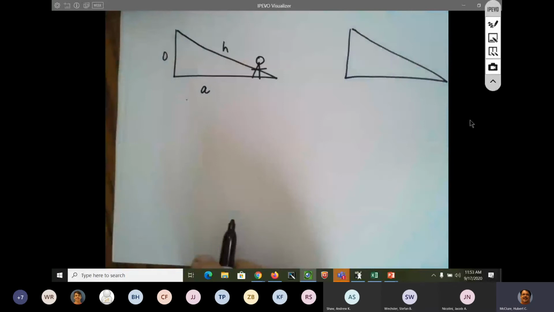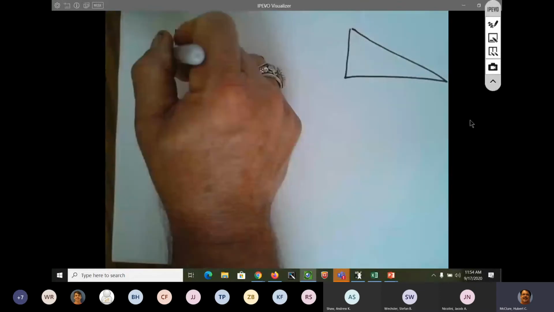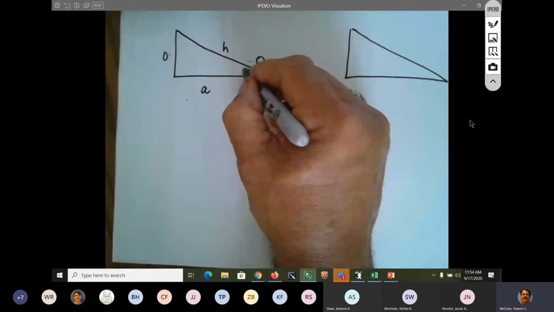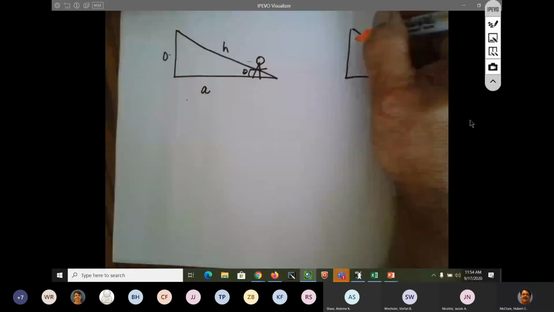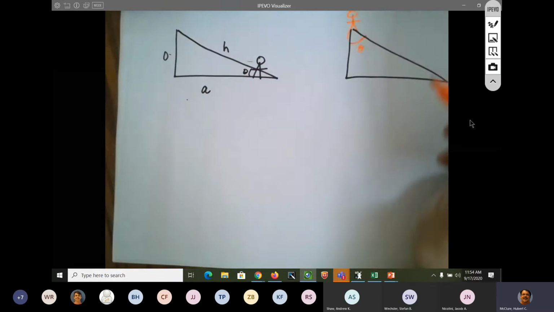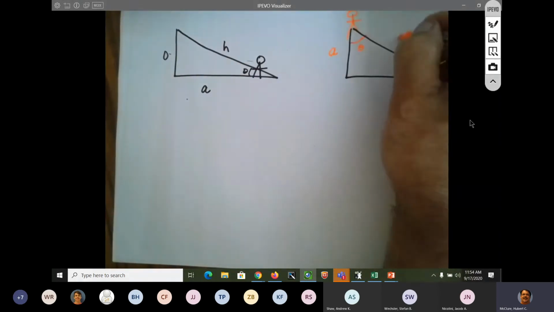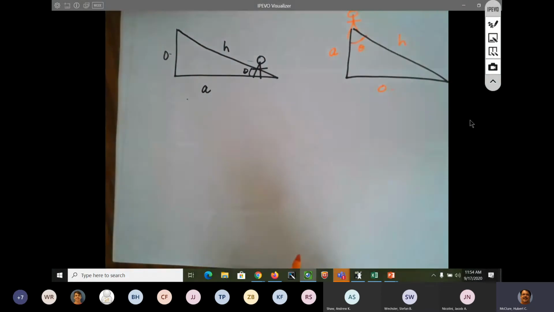His foot is always on the adjacent and the hypotenuse, and he's always looking to the opposite. That's when theta is down here. The cofunction is when theta is not down there, but it's up here. Meaning that the little man is up here now, and his foot is on the adjacent and the hypotenuse. And now this is the opposite.